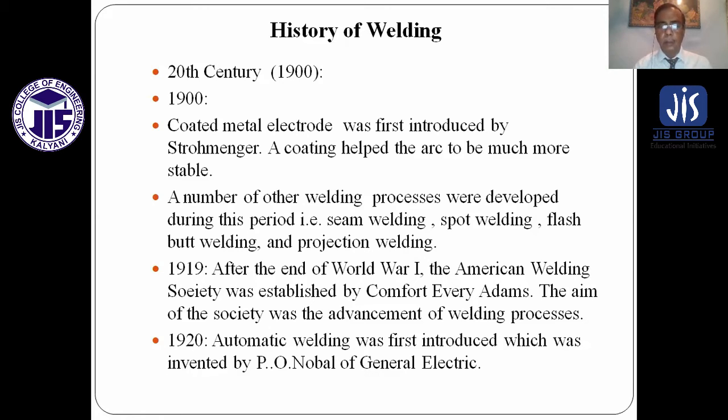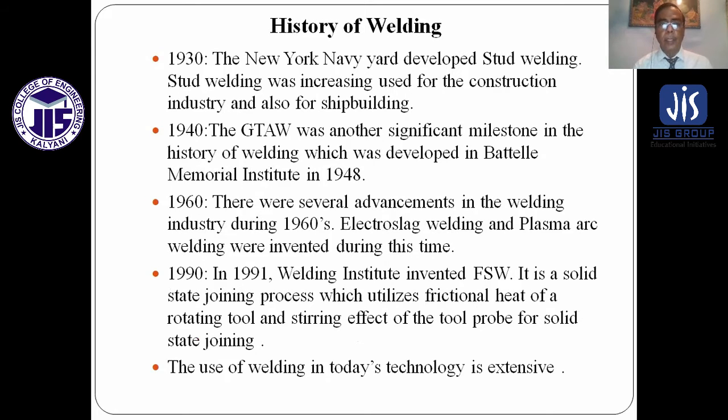In 1920, automatic welding was first introduced, which was invented by P.O. Noble of General Electric. In 1930, the Newark Navy Yard developed stud welding. Stud welding was increasingly used for the construction industry and also for shipbuilding.